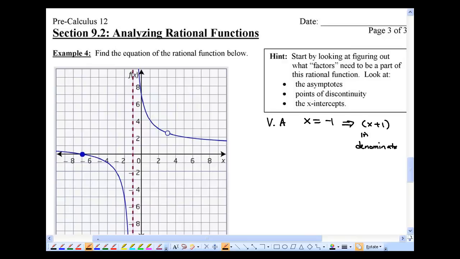Okay. Now, how about the point of discontinuity? Oh yeah. I see a point of discontinuity at x equals 3.